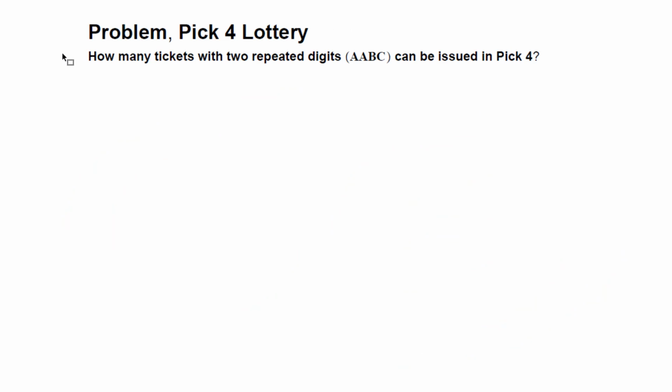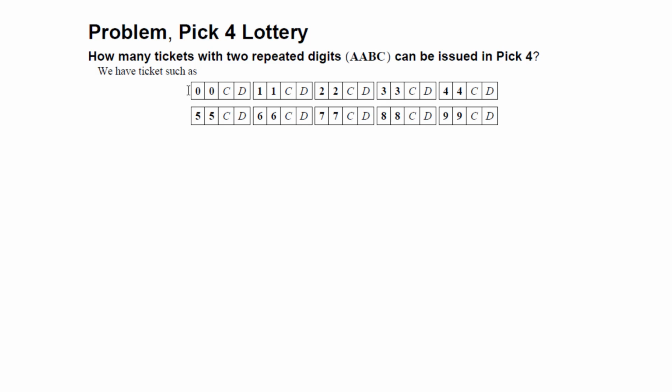So this question is a bit difficult. How many tickets with 2 repeated digits A, A, B, C can be issued in Big 4? Let's start. The repeated digits can be 00, 11, 22 until 99. This is the form we have.